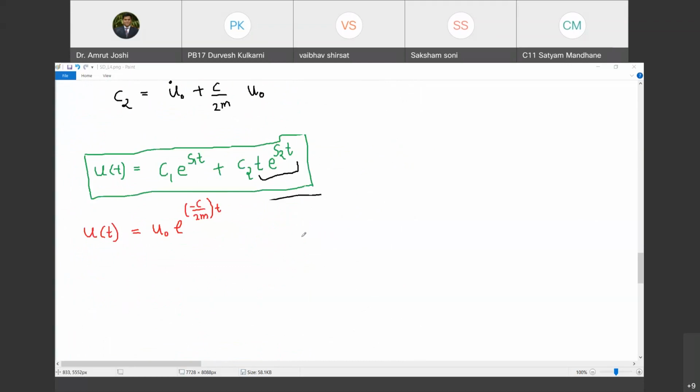Vaibhav, are you with me? Plus the value of c2: c2 is u0 dot plus c by 2m times u0, times t e raised to minus c by 2m times t. This is how the expression for u of t looks.